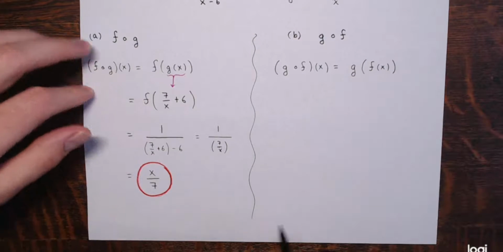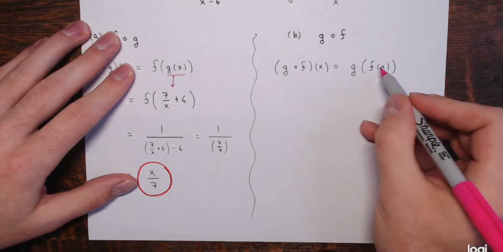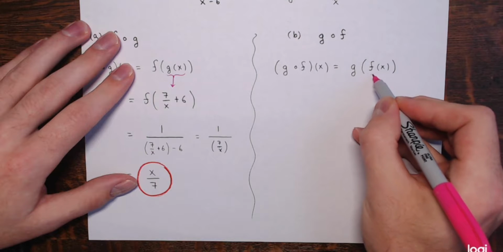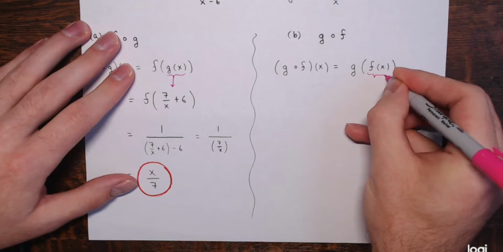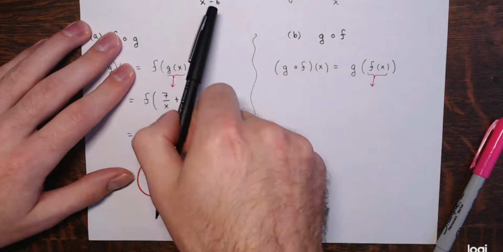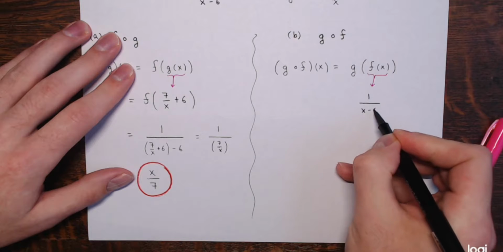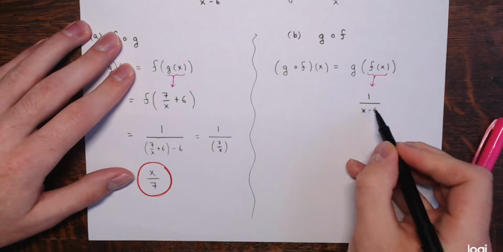And again, how this works is the input x goes into f, right? So first we find f of x. Well, f of x is given to us. That's this 1 over x minus 6. And then this 1 over x minus 6 now gets plugged into g.